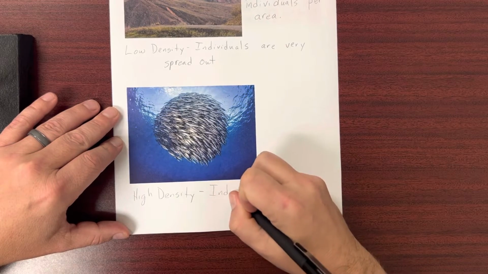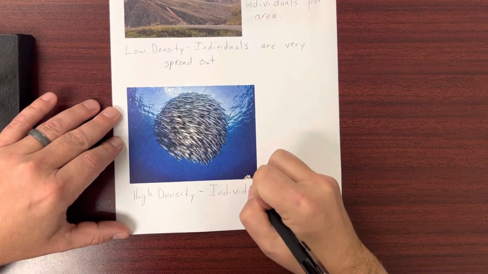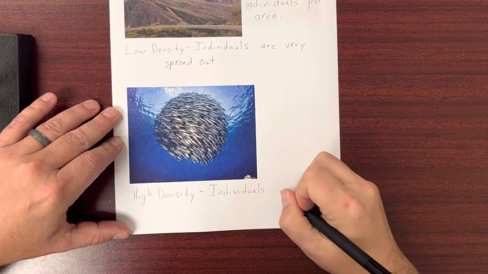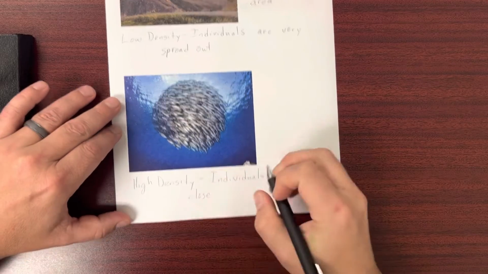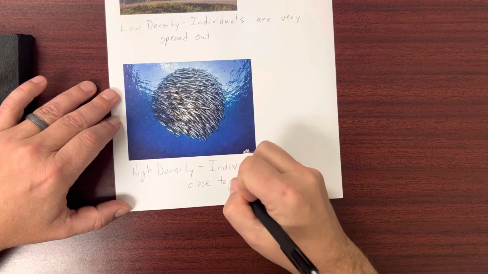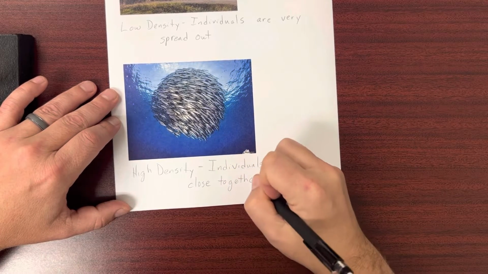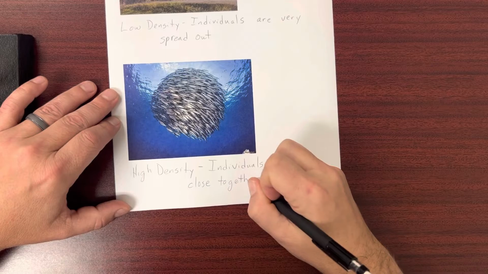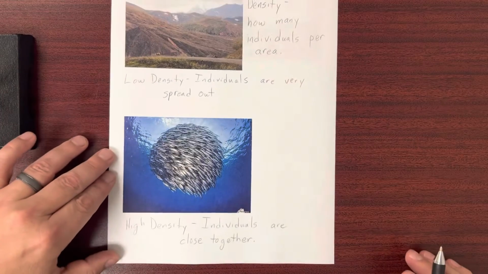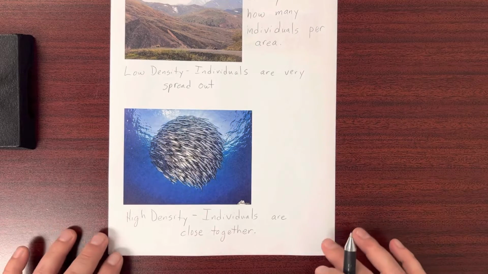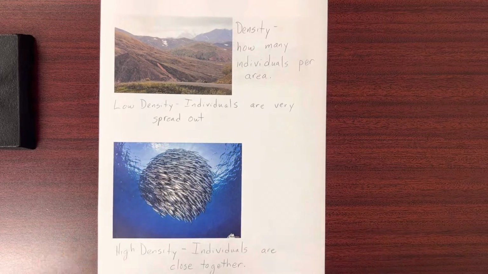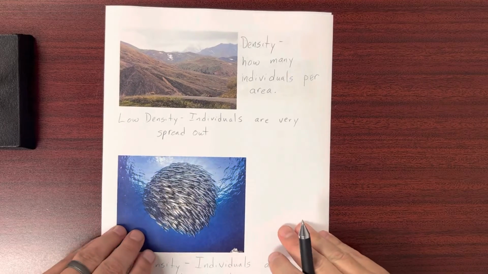Now in high density, the individuals are very close together. How close together are they? That depends on what organisms we're talking about and what we mean by close together. So these are, again, just guidelines. So that was density.